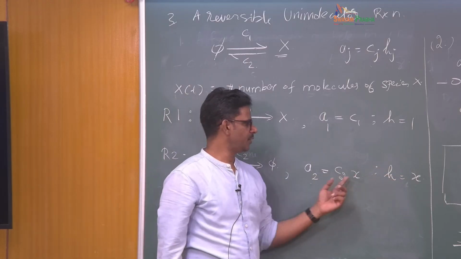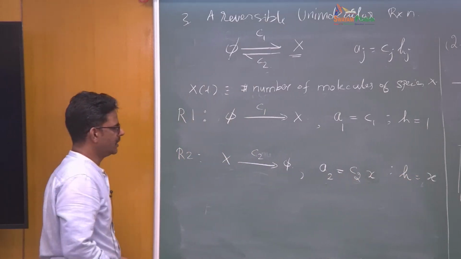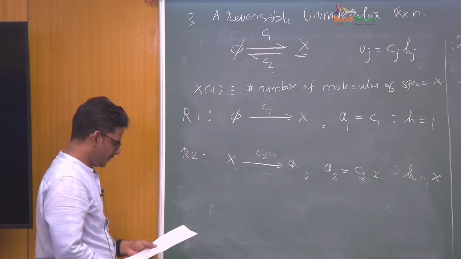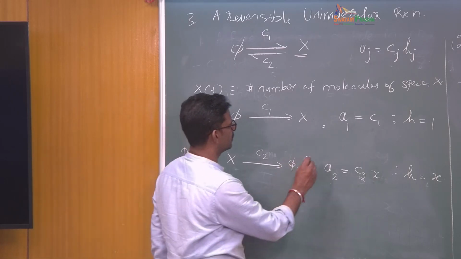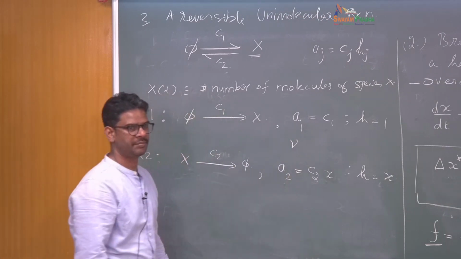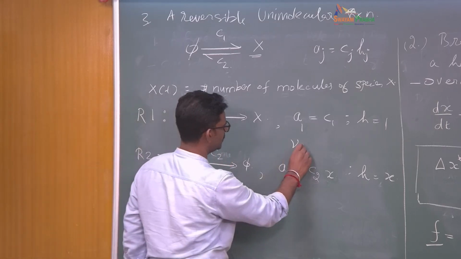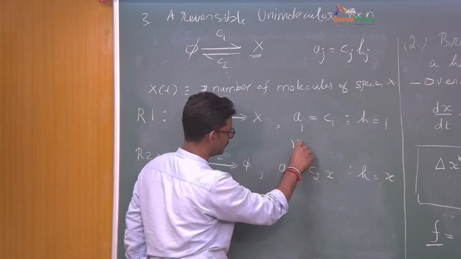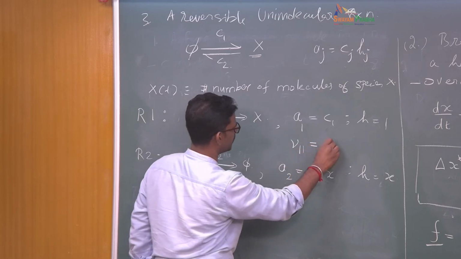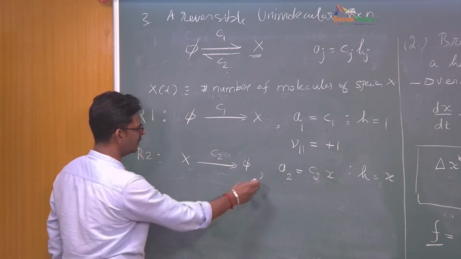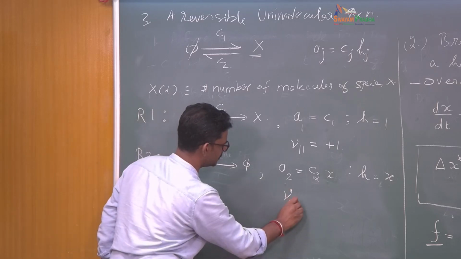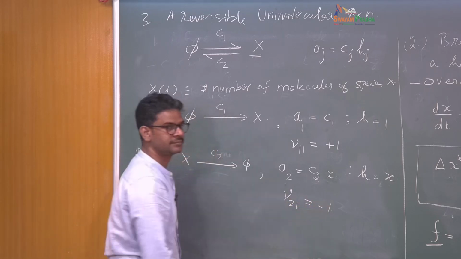So the propensity functions are written as this. Now in terms of the state change variable, when this reaction happens, for the first reaction, for the first component, this is basically +1. In this case, if the reaction happens, this is going to be -1.